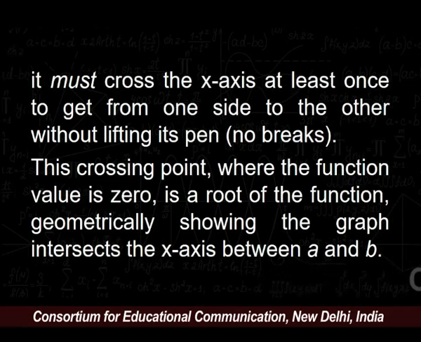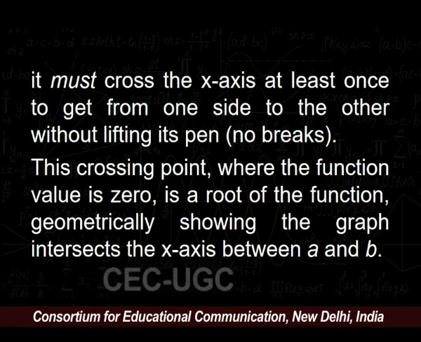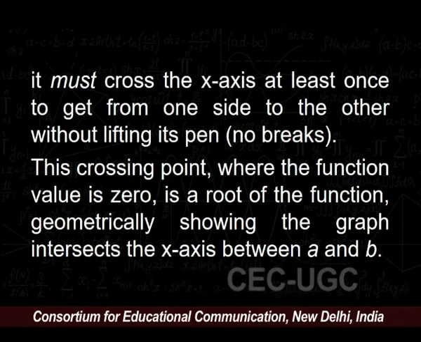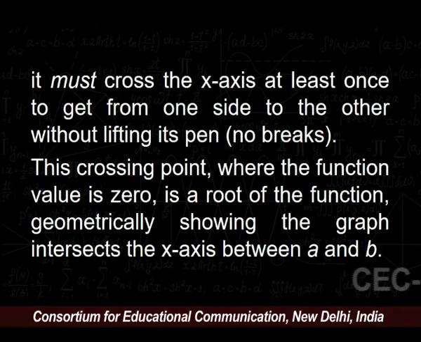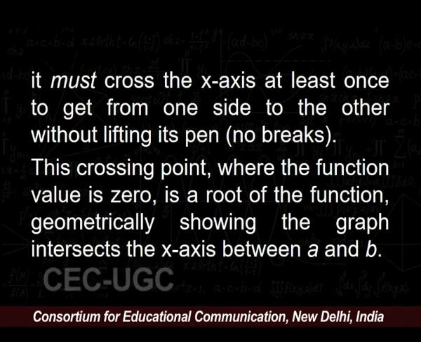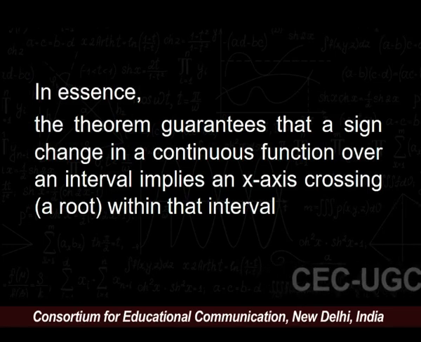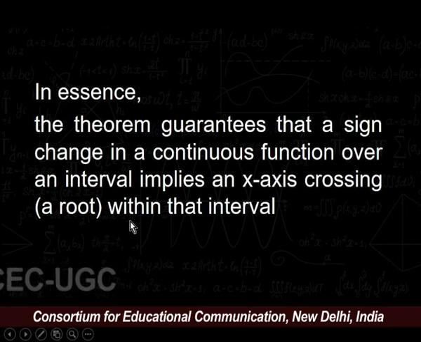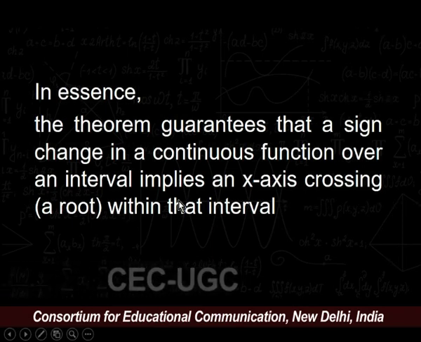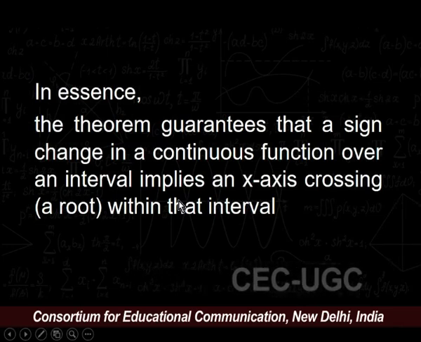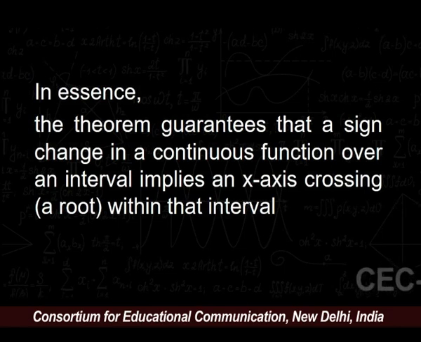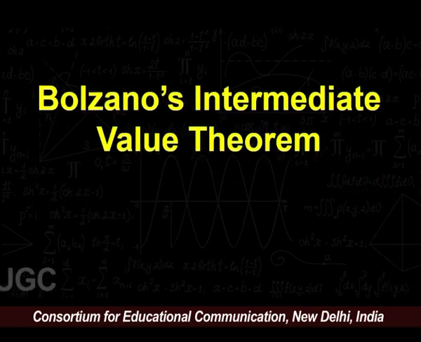This crossing point, where the function value is 0, is a root of the function, geometrically showing the graph intersects the x axis between A and B. In essence, the theorem guarantees that a sign change in a continuous function over an interval implies an x axis crossing, that means a root within that interval.